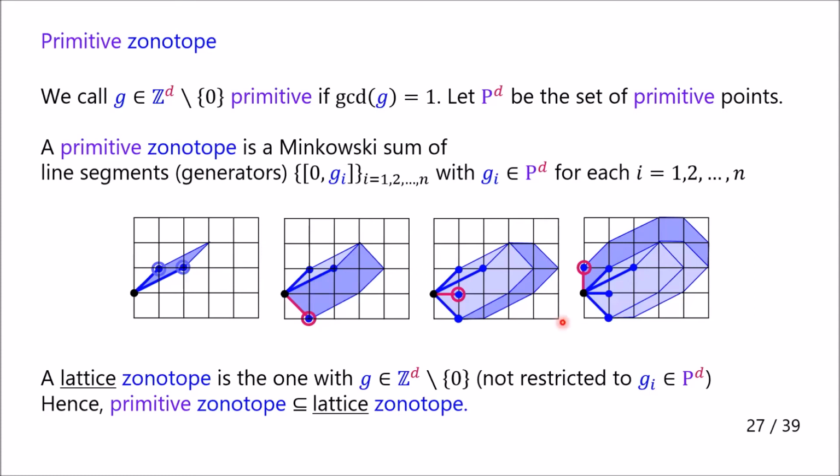Okay, so this is a definition. And a lattice zonotope is defined by replacing P_D by Z^D, that is, general lattice points. So primitive zonotope is a special case of lattice zonotope.